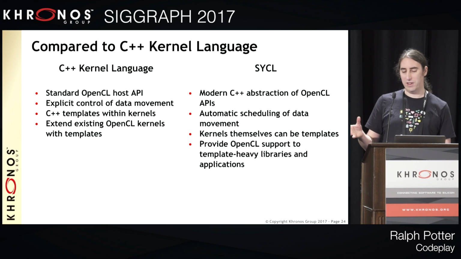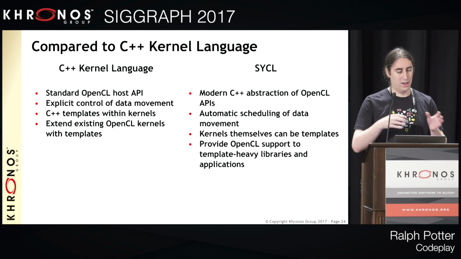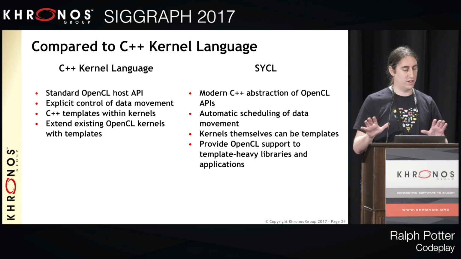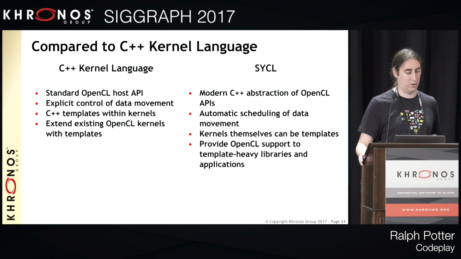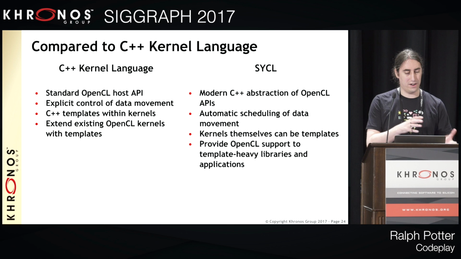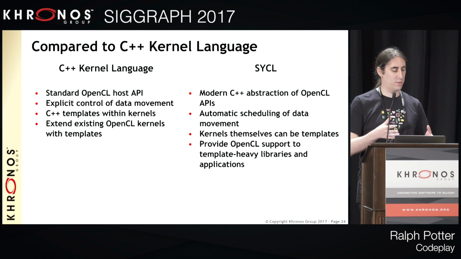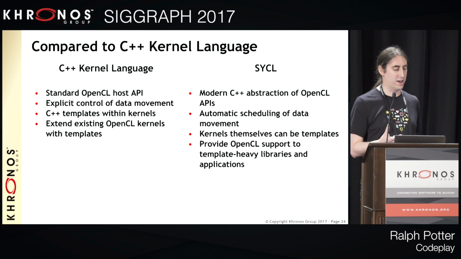So Neil mentioned earlier that we have a C++ kernel language and SYCL, and that sort of suggests that we have two approaches to C++ here. And they offer you slightly different things, and I'd argue that which one is more suitable depends on where you're coming from and on your kind of problem domain.